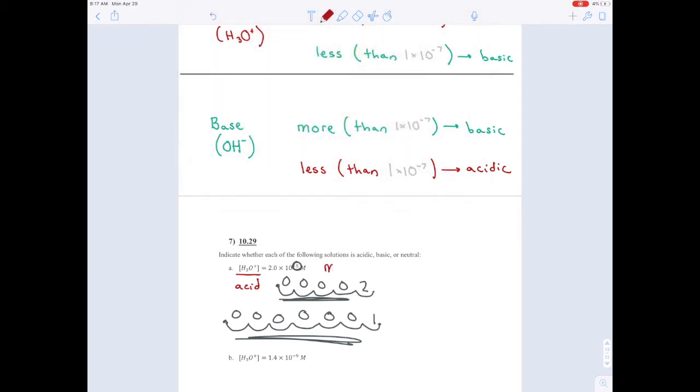It is bigger. Well, I should say 2 times 10 to the negative 5th is bigger than 1 times 10 to the negative 7.